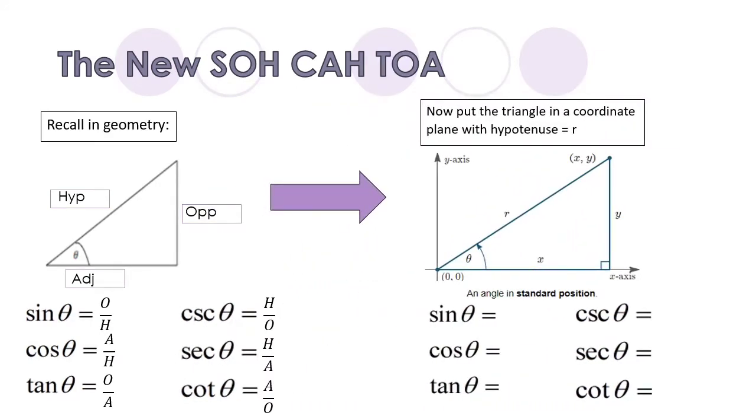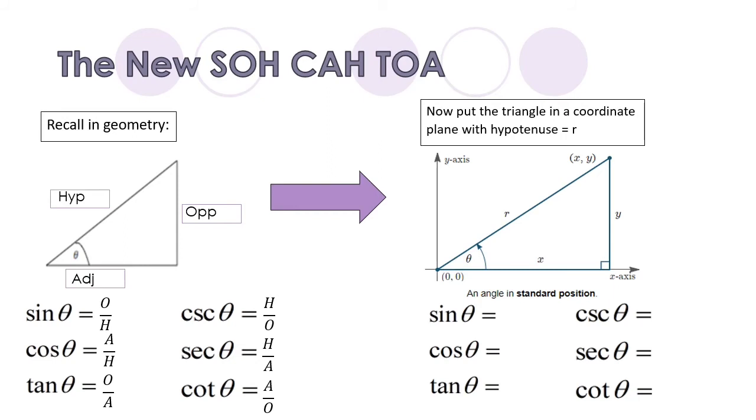So here we see we have the same triangle, only it's labeled a little bit differently. So let's say the angle is in standard position. If you remember what standard position is, it's when it starts on the positive x-axis, and as you rotate around counterclockwise, you have a positive angle.